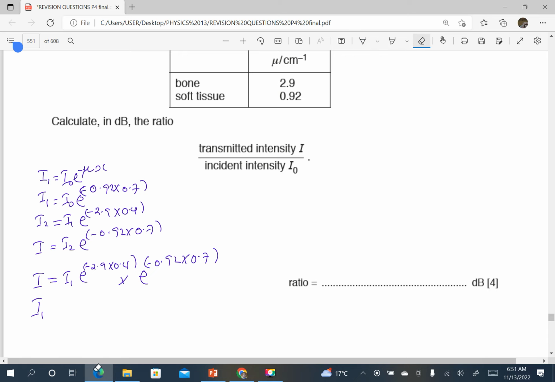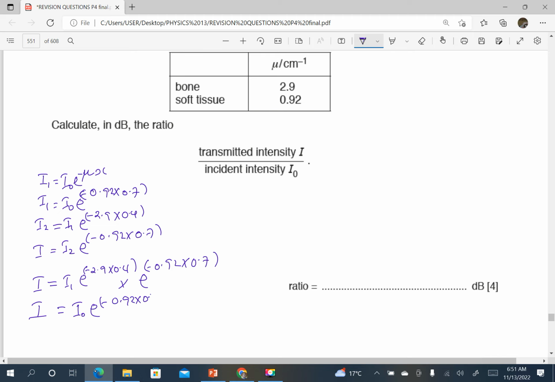I1 is I naught e power that, so we shall just replace I1 again. So we shall have I naught e power negative 0.92 times 0.7, then times e power negative 2.9 times 0.4, then times e power negative 0.92 times 0.7.